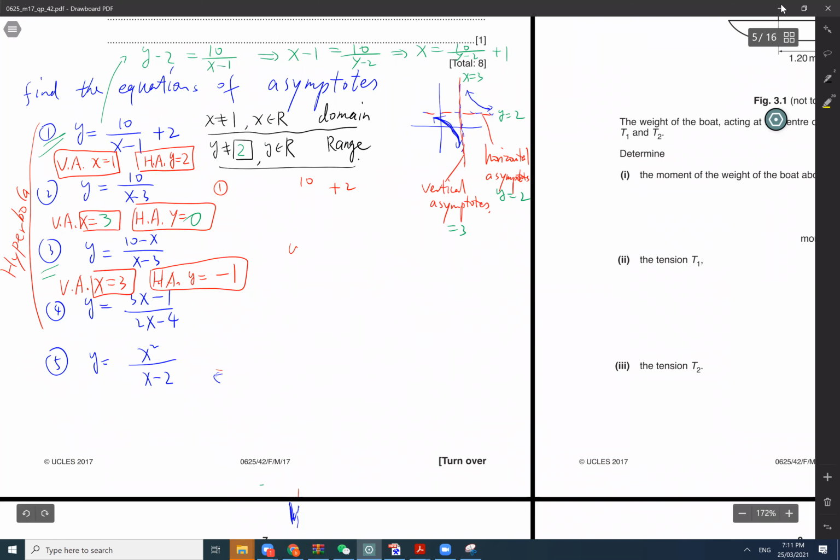So this is a curve y equals 10 minus x over x minus 3. Asymptotes, it's really asking you this. If x is infinity, how about y? If x is infinity, 10 minus infinity is just minus infinity. Or you think about a billion. 10 minus a billion is just negative a billion.